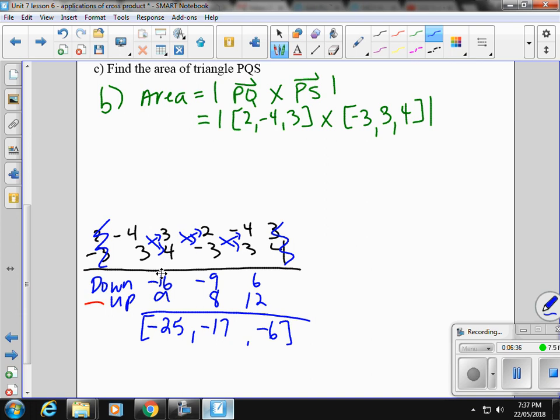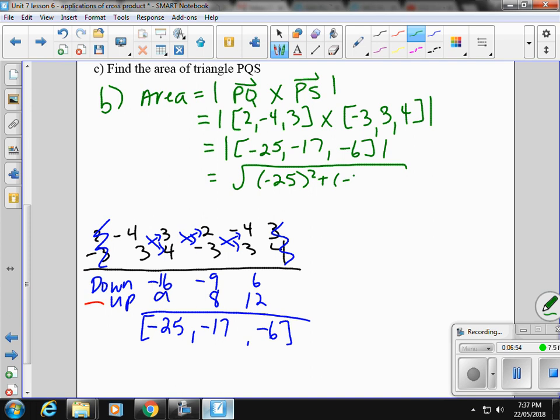So to find the area, I want the magnitude of negative 25, negative 17, negative 6. So my magnitude is negative 25 squared plus negative 17 squared plus negative 6 squared. 625, 289, and 36.